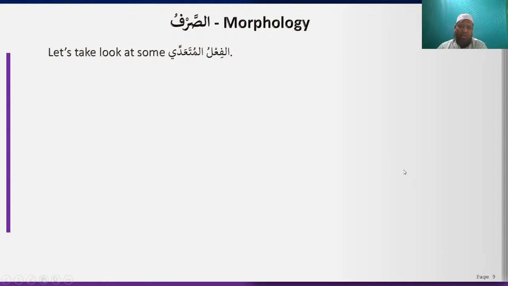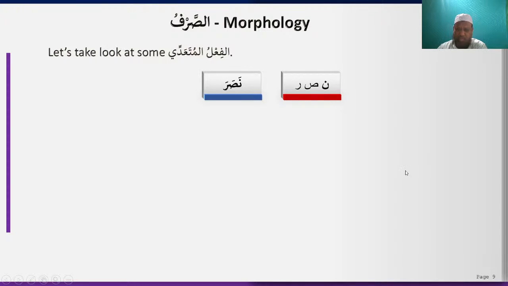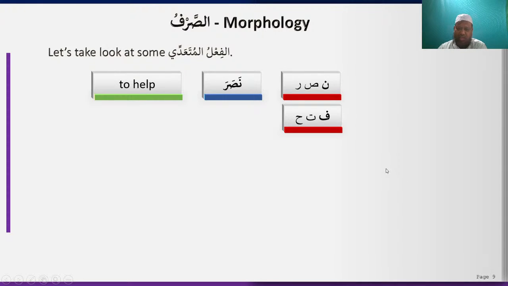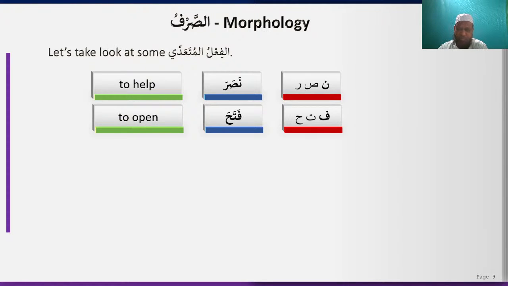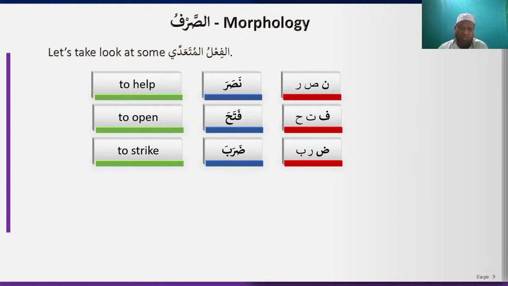Let's take a look at some al-fi'l al-muta'addi. Noon, Sad, Ra. Oh, again, the noon is highlighted. Remember this. Nasara, to help. Fataha, to open. Dad, Ra, Ba. Daraba, to strike, to hit. Sin, Mim, Ayn.